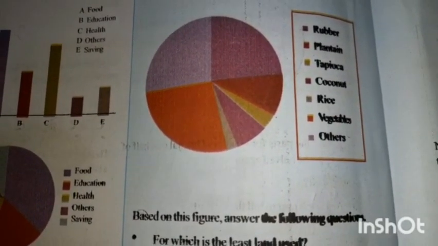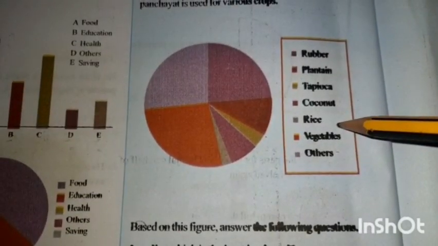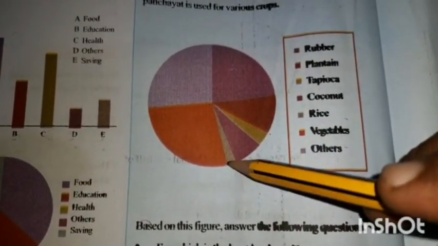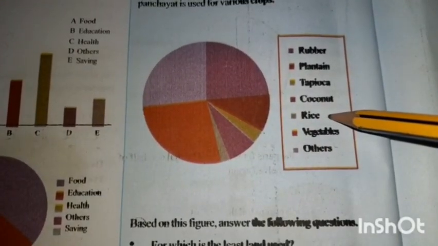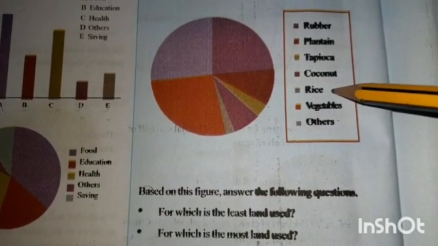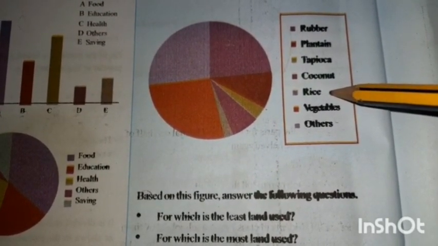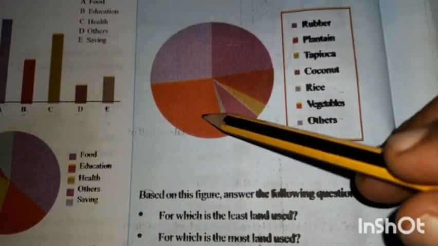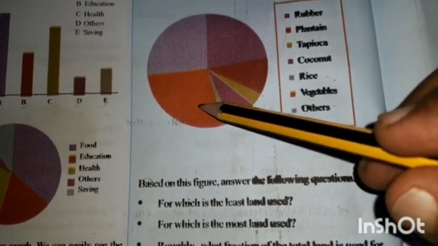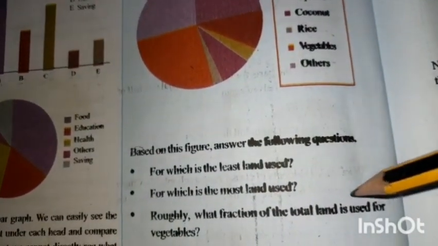It is rice. Which is the most land used? Vegetables.